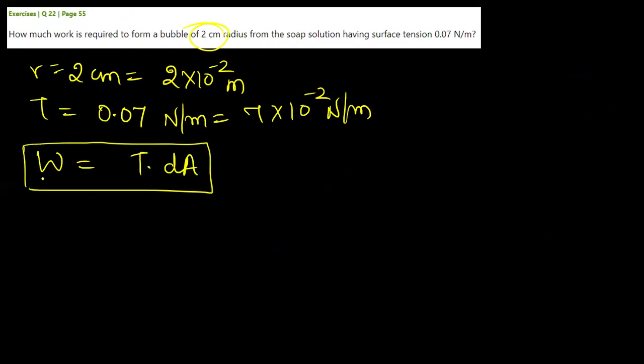This is a derivation, the relation between surface energy and surface tension. But when it is a soap solution, you will write 2T into dA. I have told you in the derivation also, whenever there is a soap solution, you will add a multiple of 2. If it is not a soap solution, then just do T into dA.